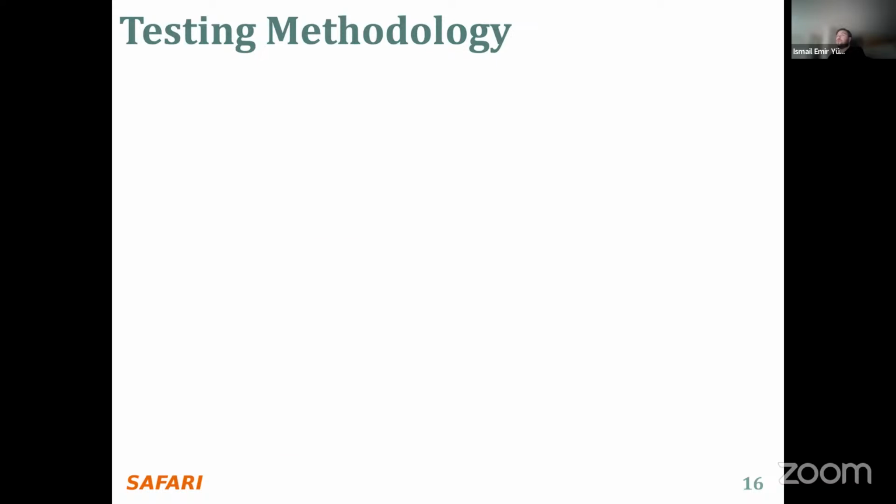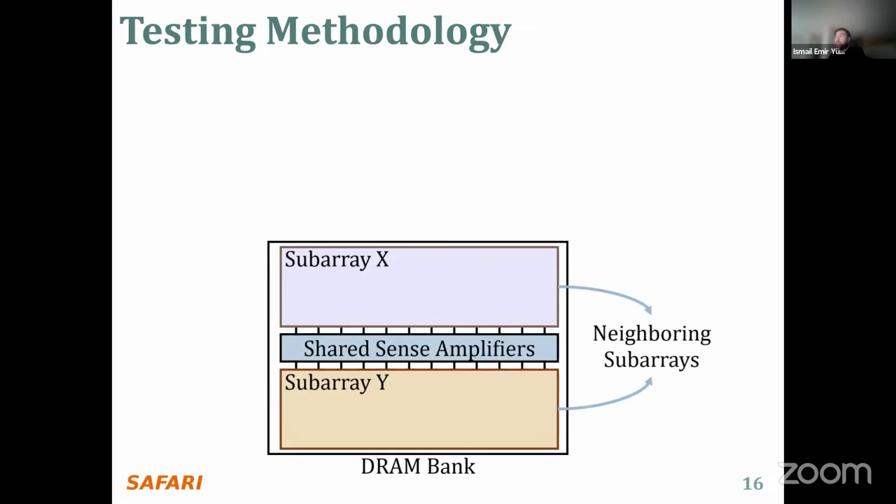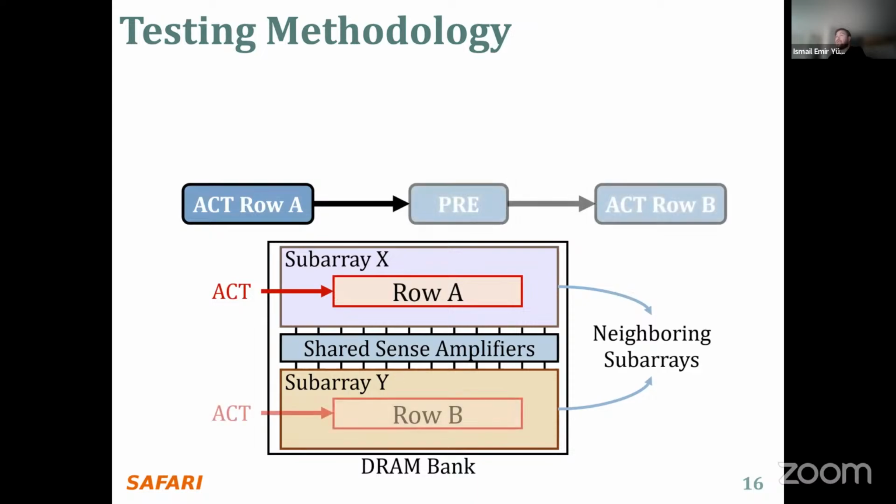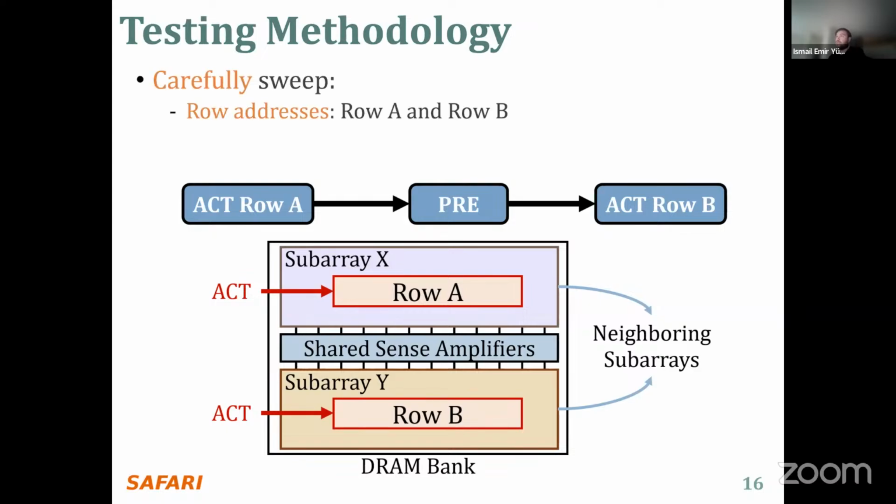Now, in our testing methodology, we focus on neighboring subarrays, which share a common key component called shared sense amplifiers. And our command sequence is the same throughout the study, which is activate row A, precharge, activate row B, where row A is in subarray X and row B is in subarray Y. We sweep the row addresses, which are row A and row B, to cover all rows in those subarrays.